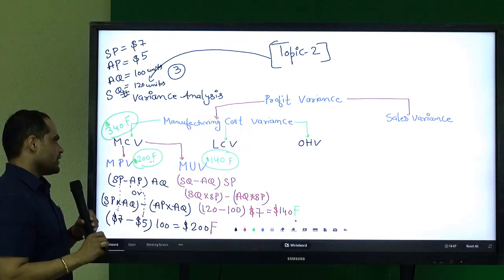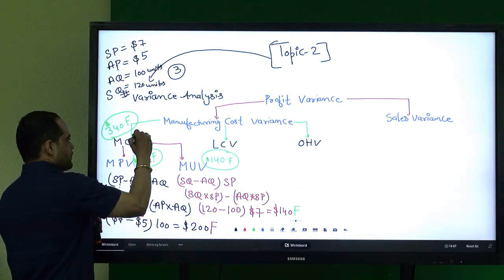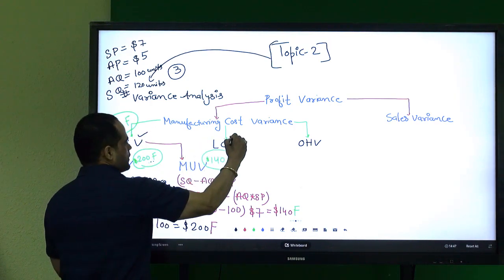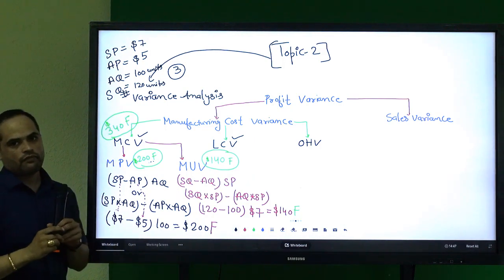So let's move on to the next. This one is already finished. Let's move on to the labor cost variance.